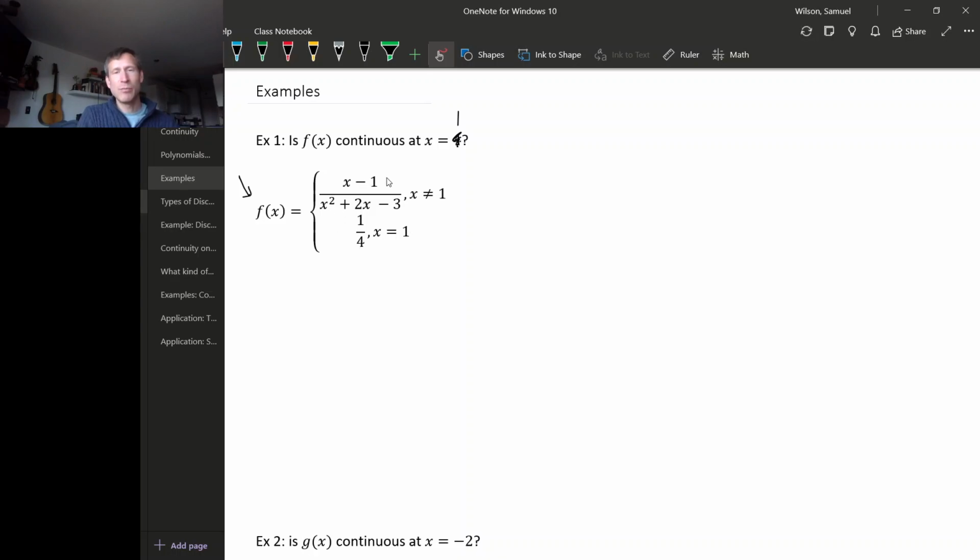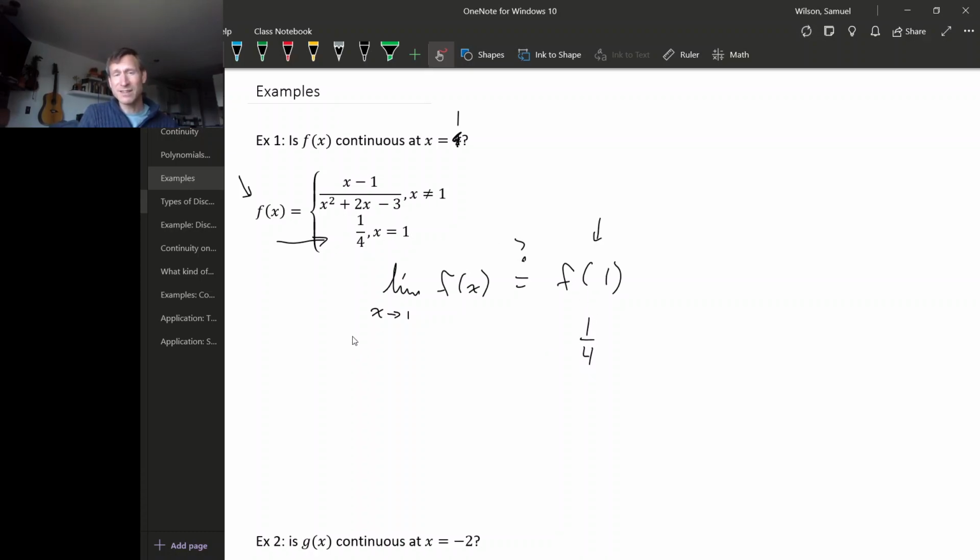So when we compare the limit as x goes to 1 of f of x to the value of the function at 1, for the part on the right, that's just f of 1, right?